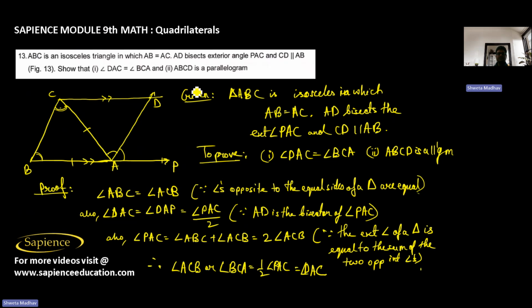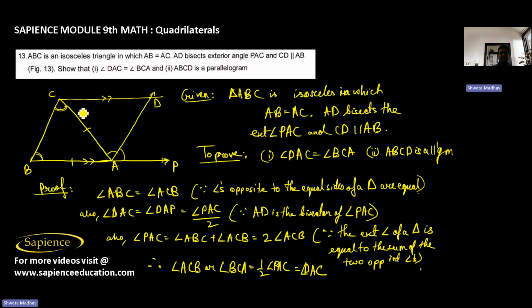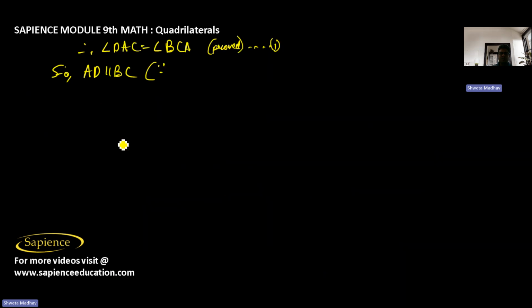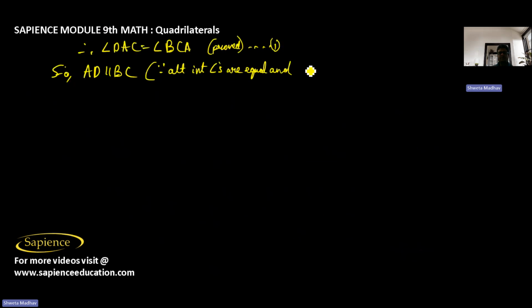And now we prove that ABCD is a parallelogram. So from here we can say that AD is parallel to BC, since alternate interior angles are equal. Since this BCA and DAC are alternate interior angles, and here obviously AC is the transversal.